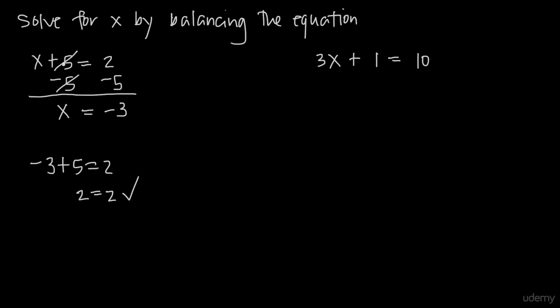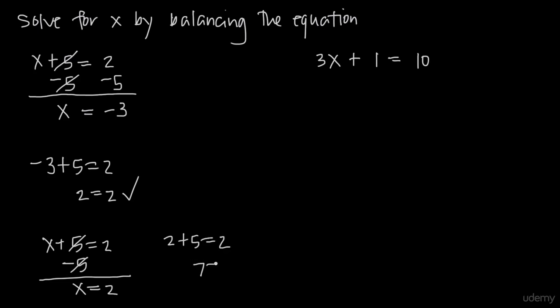If, on the other hand, we had not kept the equation balanced, if we had just subtracted 5 from the left-hand side only, if we had said x plus 5 equals 2, our original equation, and we had subtracted 5 from the left-hand side, we would have gotten our 5 and our negative 5 to cancel, and we would have been left with just x is equal to 2, which we know would have been an incorrect solution, because if we plugged it back into our original equation, we would have gotten 2 plus 5 is equal to 2, 7 is equal to 2, and of course, that's not true.